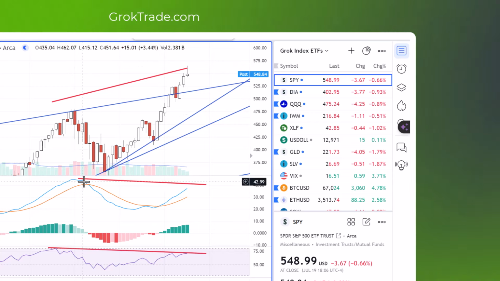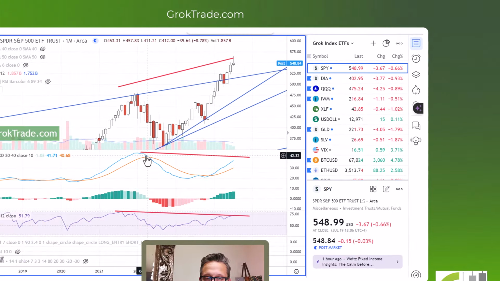If you look at the MACD centered oscillator, these two lines, the MACD line with the signal line, you'll see that this swing and this swing, this high and this high are diverging. This high is going higher on price. This high is lower on the MACD.